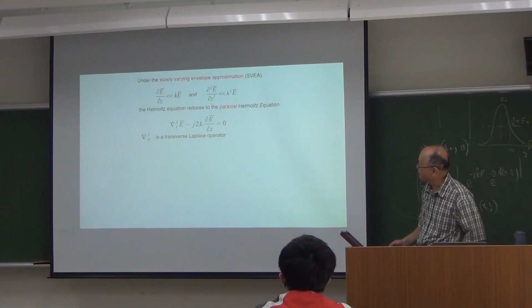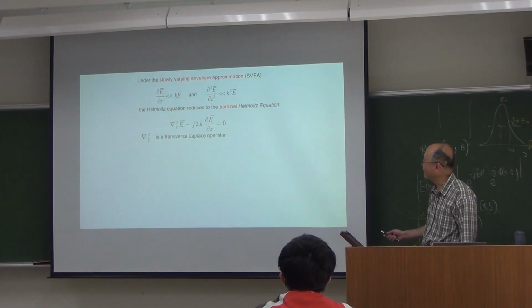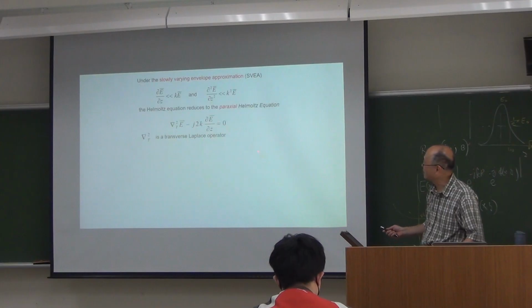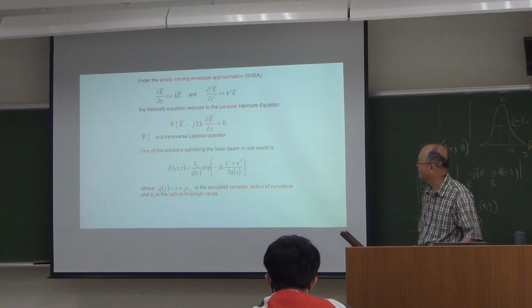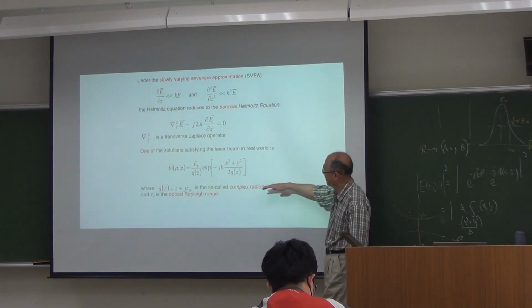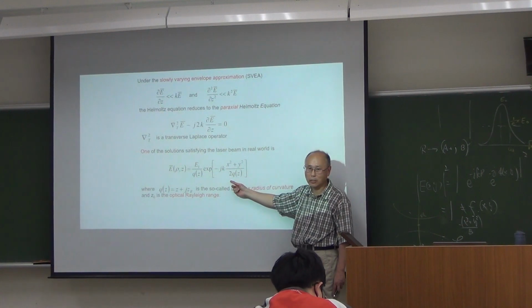So previously you have the Helmholtz equation, and that is difficult to solve. But now, if you agree that the Gaussian laser beam satisfies this condition, then you start with this paraxial Helmholtz equation. And for this paraxial Helmholtz equation, you can figure out a solution like this. And in fact, this is just the Gaussian laser beam.